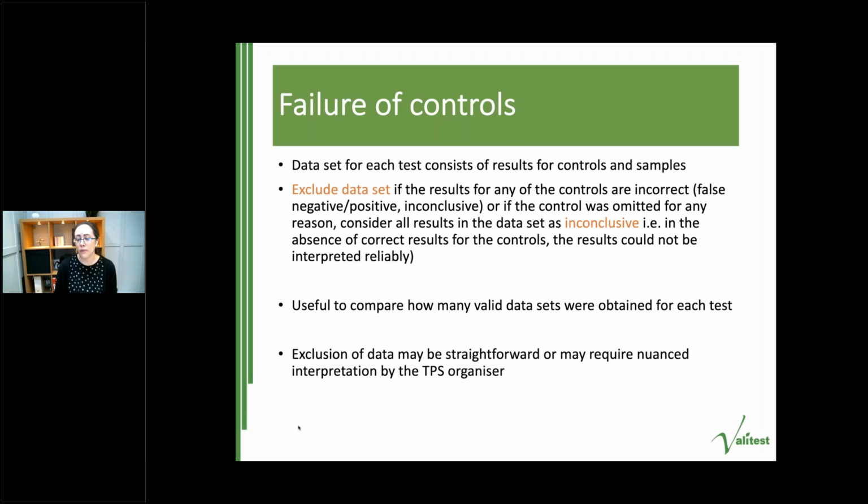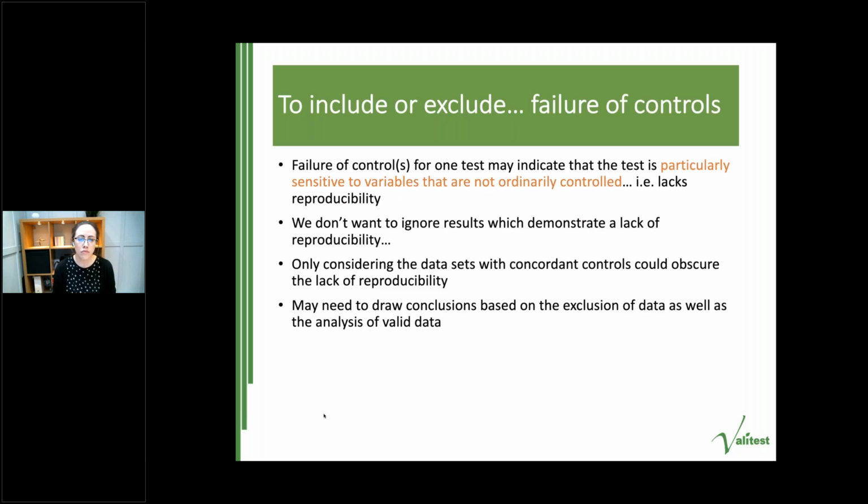It's obviously useful to compare how many valid data sets are obtained for each test. And the decision to exclude data might be perfectly straightforward, or might need a bit more nuanced interpretation.